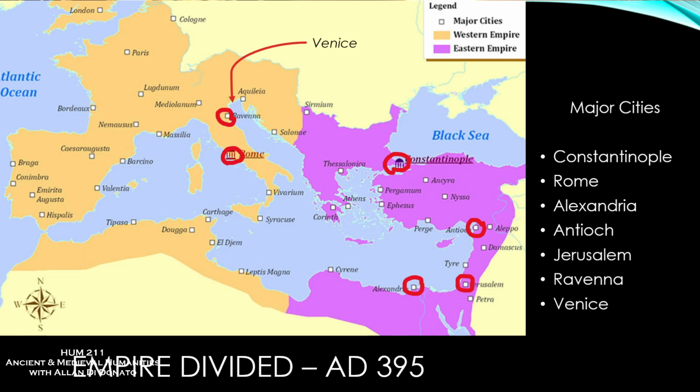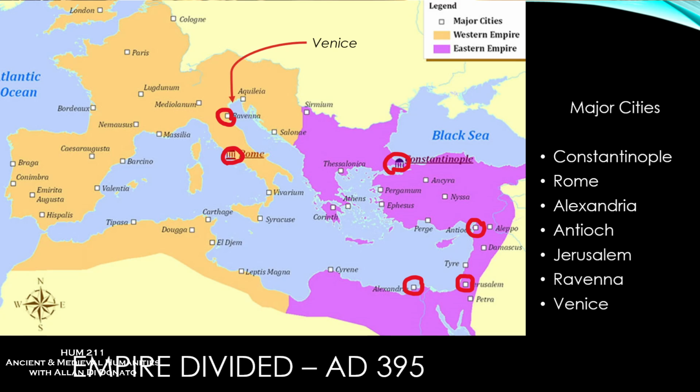Now, this city is going to emerge slowly throughout the Middle Ages and particularly into the Renaissance period as a very important economic power. It's going to become a republic that is going to dominate really Mediterranean sea trade, and is going to have a long-standing relationship with the Byzantine Empire, sometimes adversarial, sometimes as an ally.